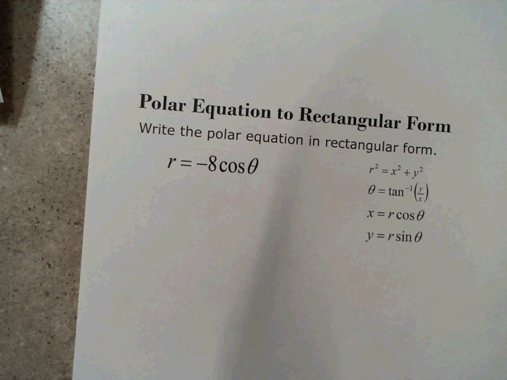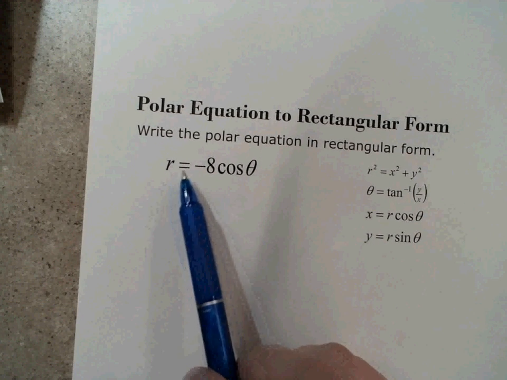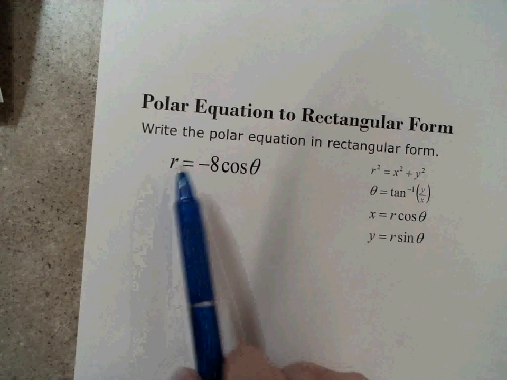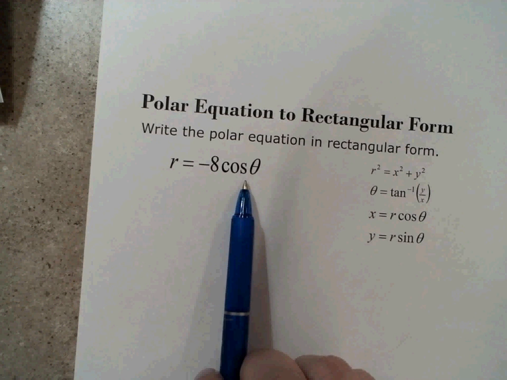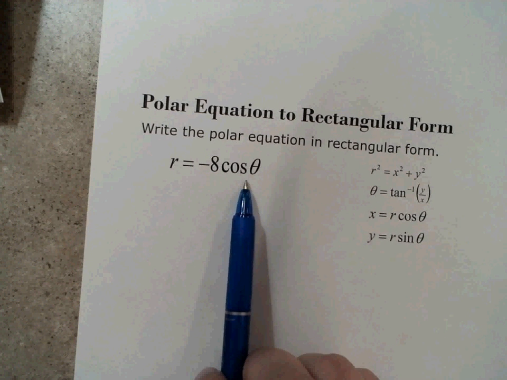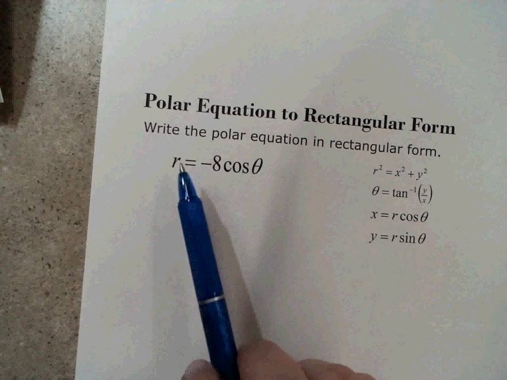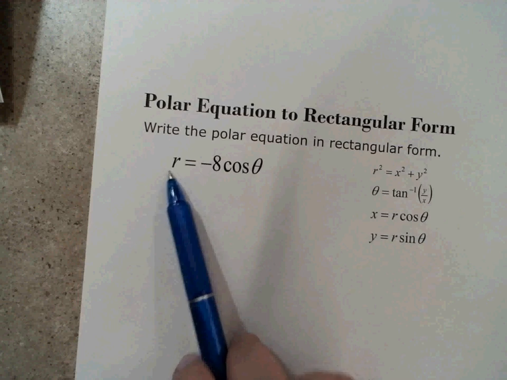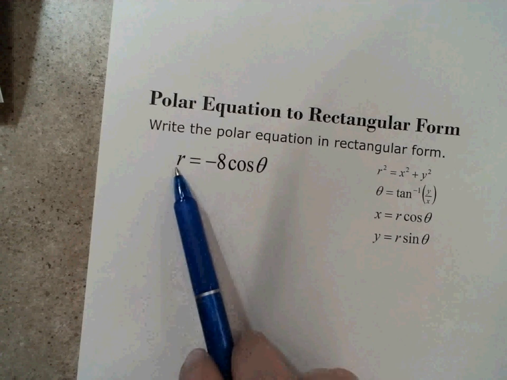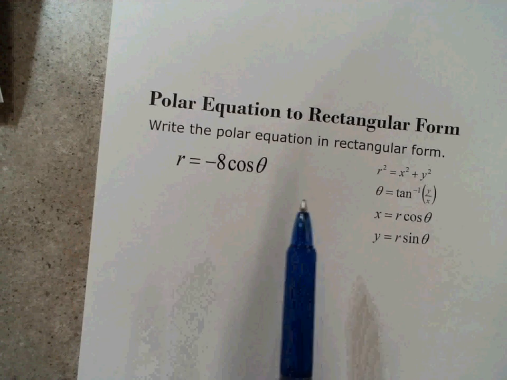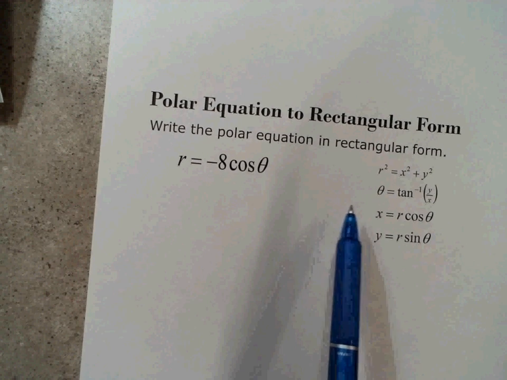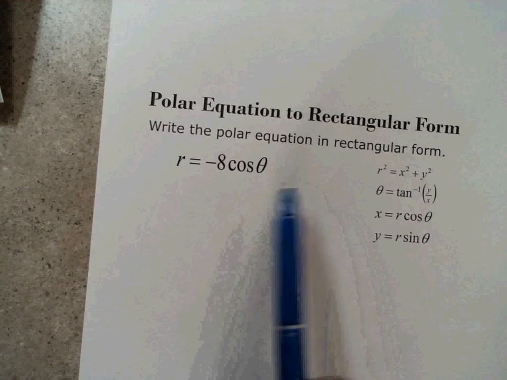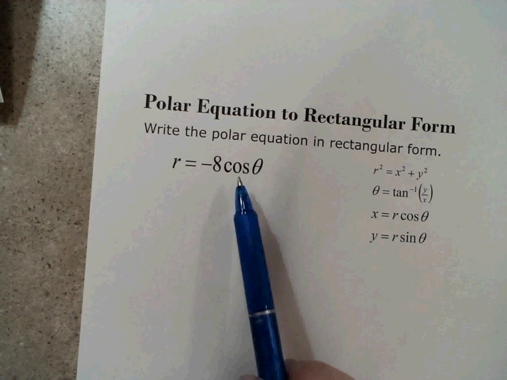Okay, we've got a couple options as far as how to attack this. What I know is that I have r's and thetas, and I want x's and y's, or just x's or just y's, but I just need x's and y's in general. So, a couple different ways I can see you attacking this.